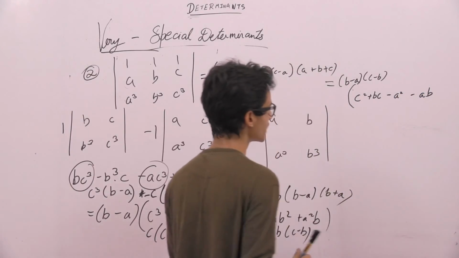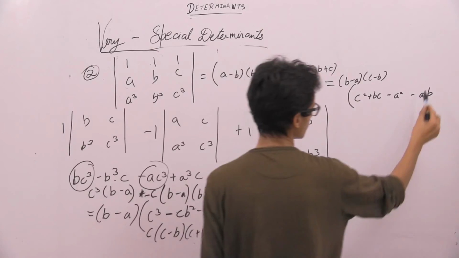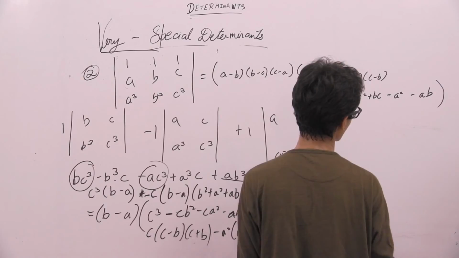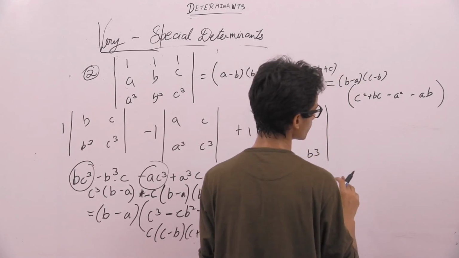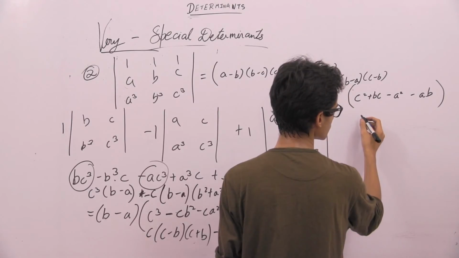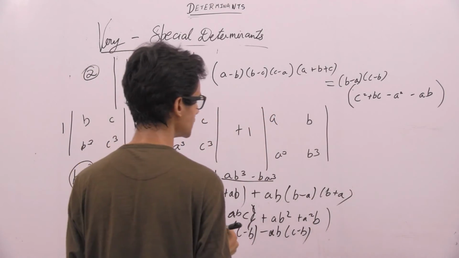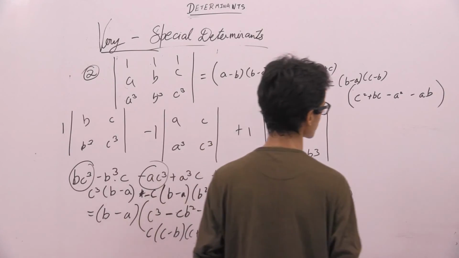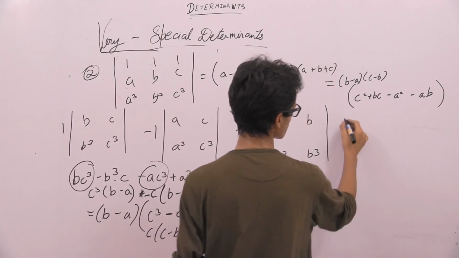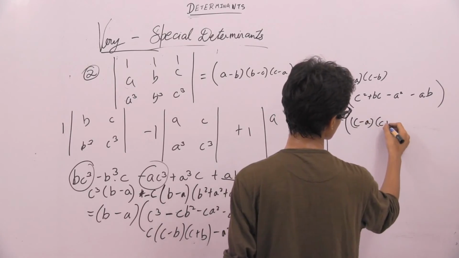Now can this be expanded as well? Can we get a b minus c term from here? Let's see. Now if we take minus a square minus ab, c square plus bc, so taking c square minus a square, what do we get? c minus a, c plus a.